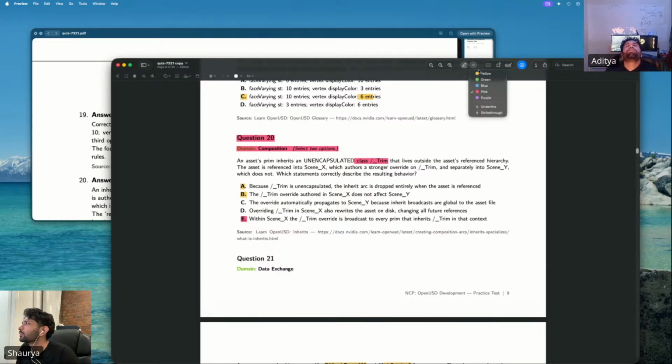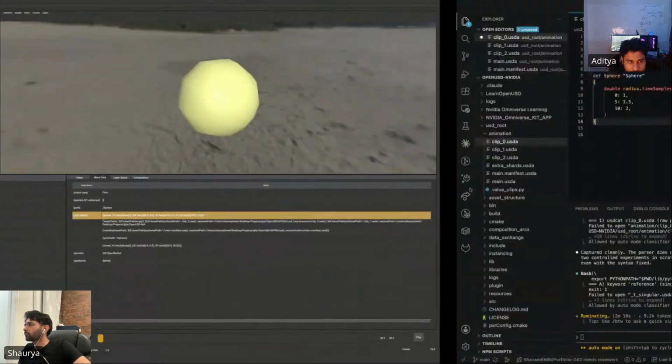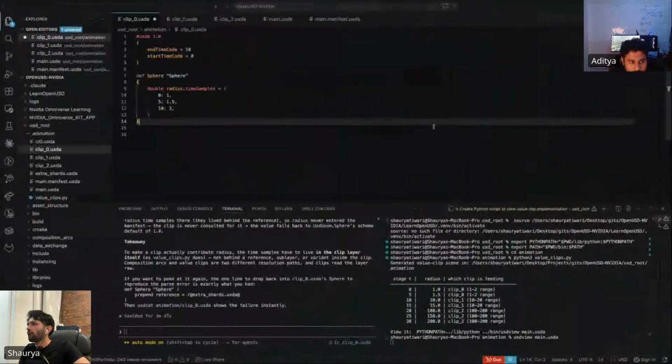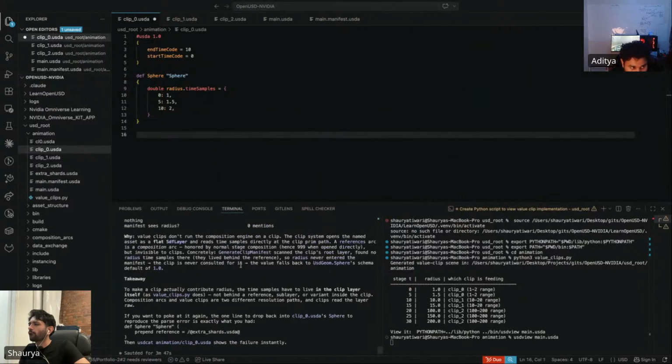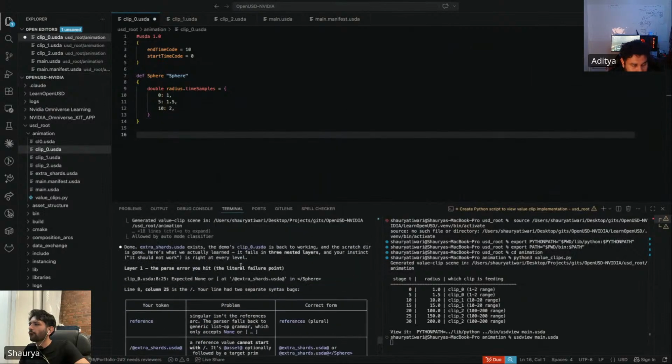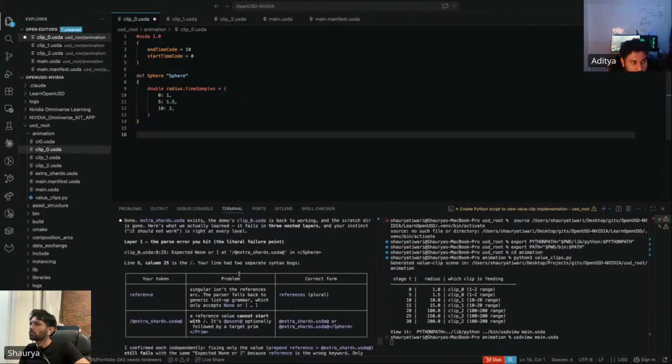So we have referenced a file, let's say, and in that file there is a prim that will be the default prim. I'm going to assume that. When you reference a file, the default prim will always be picked up, but anything outside the default prim won't be picked up.